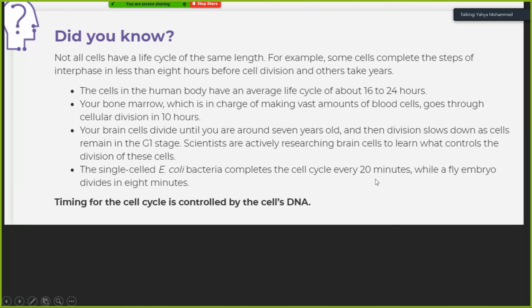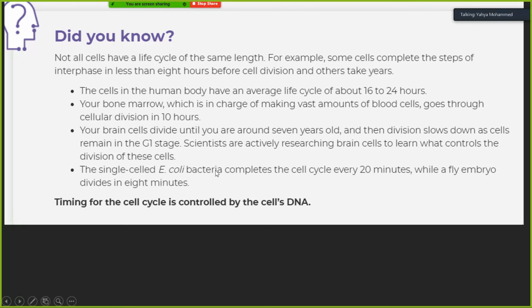Bacteria go through the cell cycle every 20 minutes, while a fly embryo divides in 8 minutes. Obviously bacteria are going to be much quicker, because bacteria are much more simple, so they can go through much more quickly compared to cells in the human body, which are more complex. I don't know if they're going to ask you about this, but these are just some random examples.